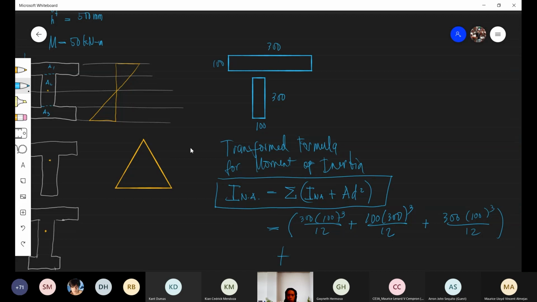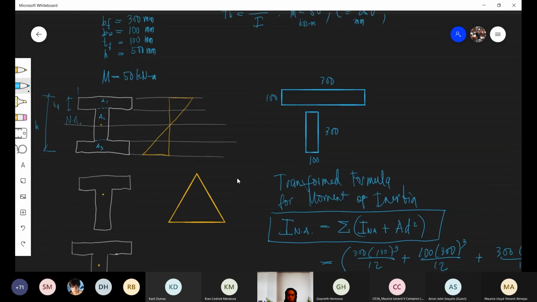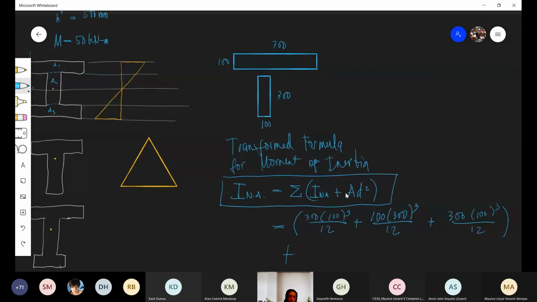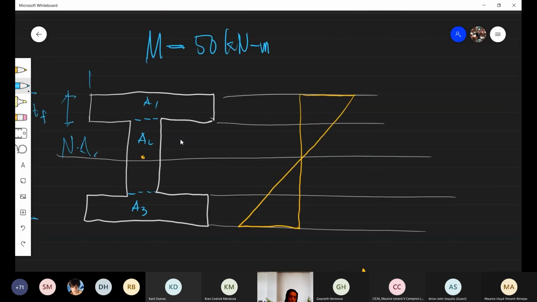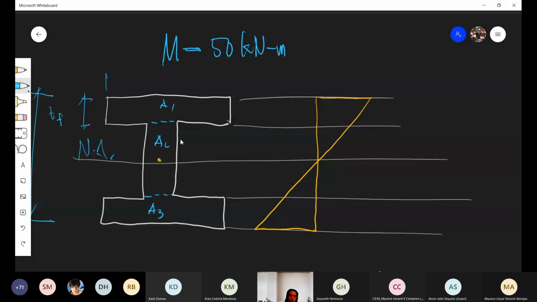Take note, D is the distance from the centroid of each shape to the neutral axis of the whole composite shape. Okay? The neutral axis of the composite shape is this axis. Ini nga D, distance ito na neutral axis of each area to the neutral axis of the whole composite shape.